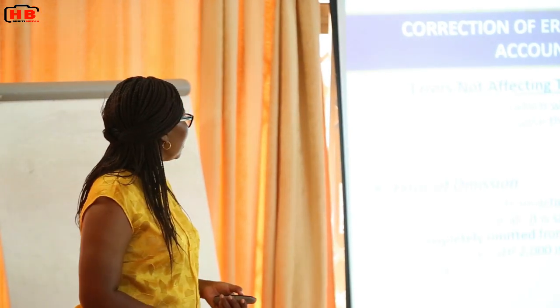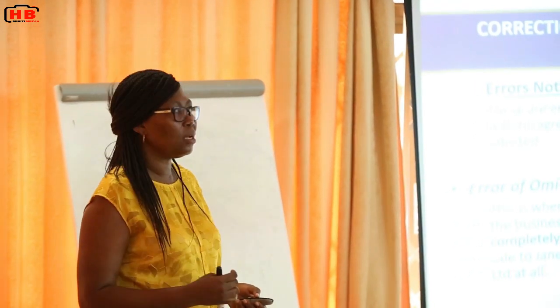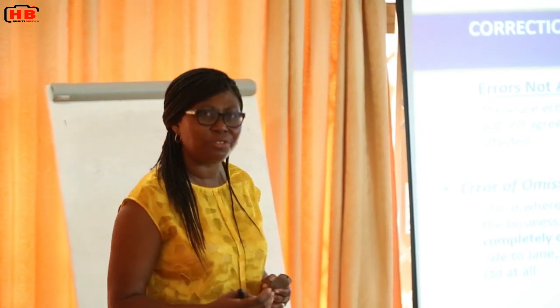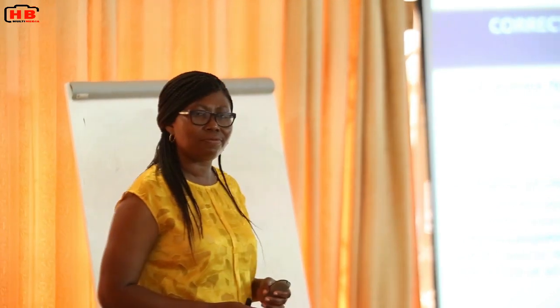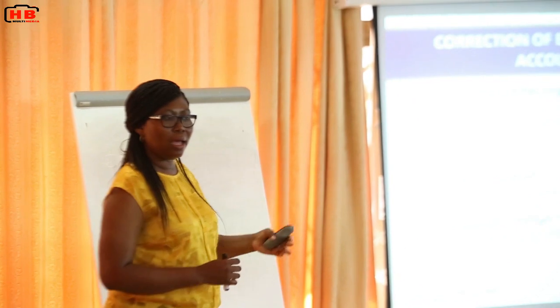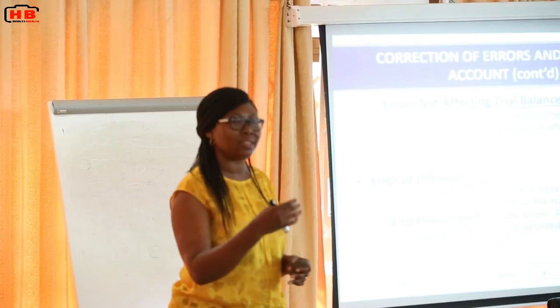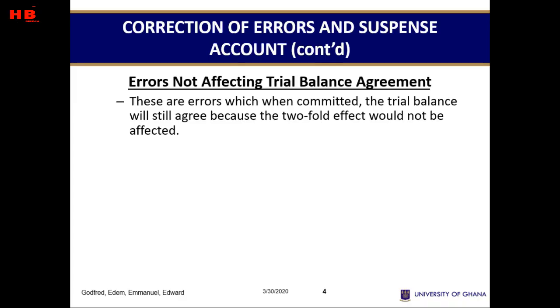So we'll first look at errors that do not affect the trial balance agreement. We all know that once we record the entries, the accounting transactions, and post them to the respective ledgers, the end result is the trial balance. And the trial balance must agree before we can prepare the financial statements, the income statement, the statement of financial position.